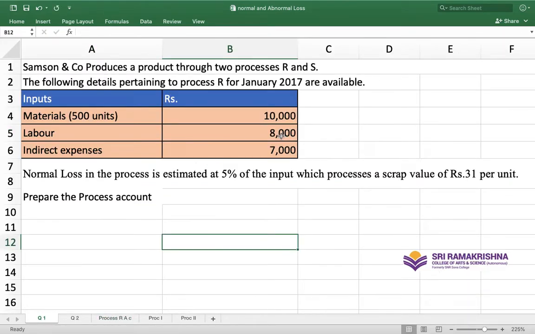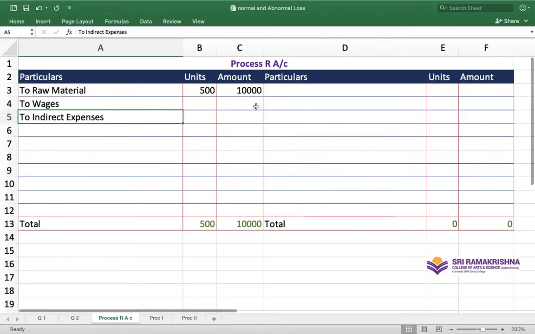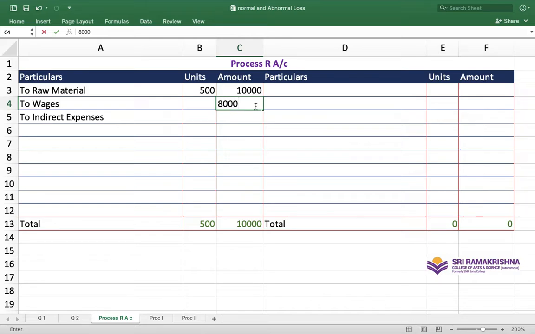Wages are 8,000 and indirect expenses are 7,000. So totally it comes to 25,000.